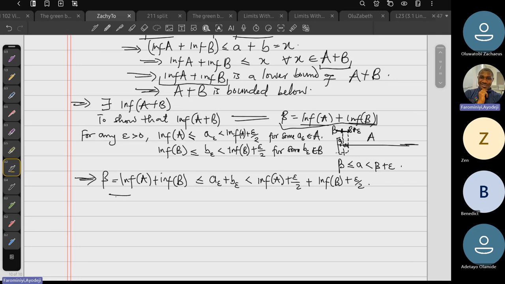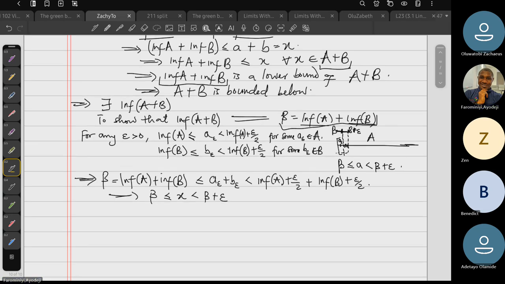And that means that beta is less than or equal to X, which is less than or equal to beta plus epsilon, where beta, as we have written before, is the infimum of A plus the infimum of B, and X is A epsilon plus B epsilon, which is an element in A plus B. And we are done.